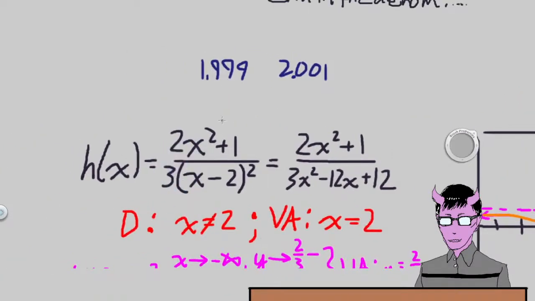If you plug in almost 2 in here, that's a positive number plus positive, so that's positive on the top. If you plug in slightly below 2, we get almost 0, but it's negative almost 0. But it gets squared, so it becomes truly positive almost 0 times 3.